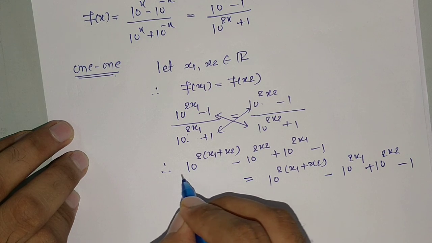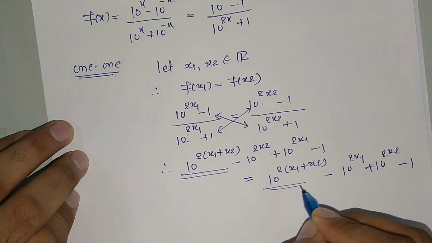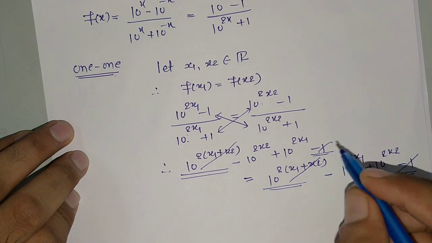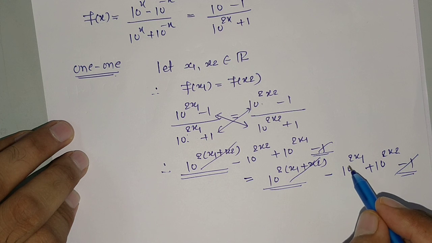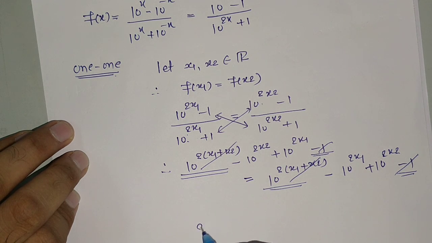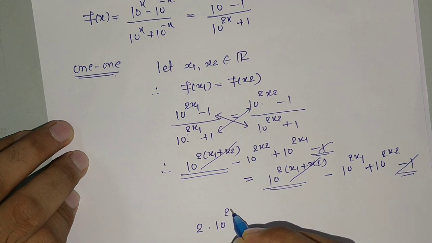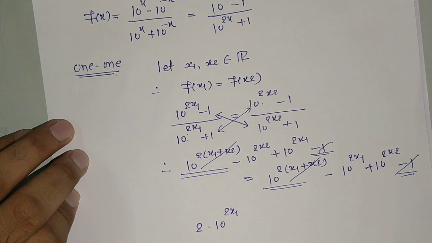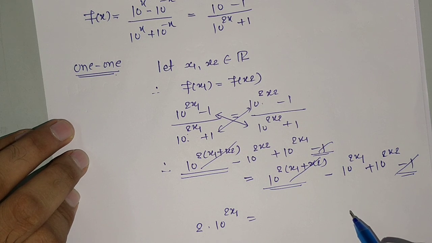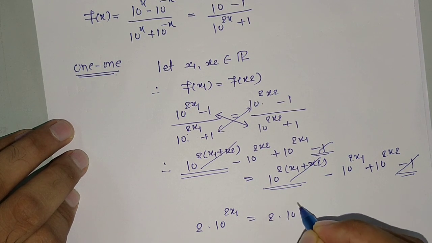Okay, so on the equality sign these two terms are equal, so we can cancel them out. Same for minus 1 and minus 1, we can cancel them out. Now taking the negative 10 raised to 2x1 on the left-hand side gives 2 times 10 raised to 2x1, equals, taking the negative 10 raised to 2x2 to the right side, 2 times 10 raised to 2x2.